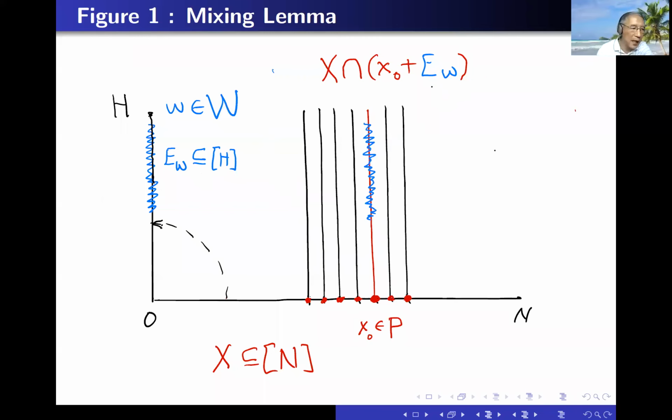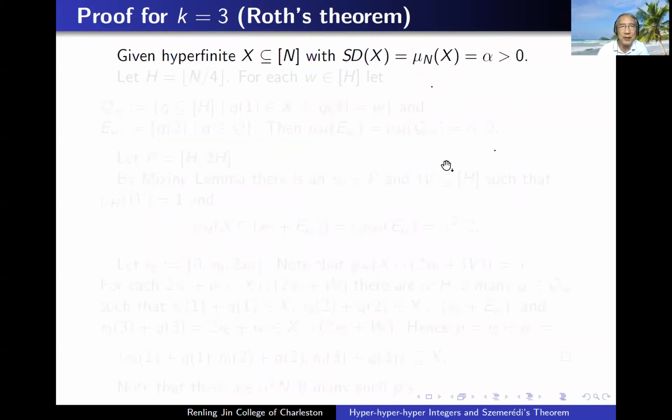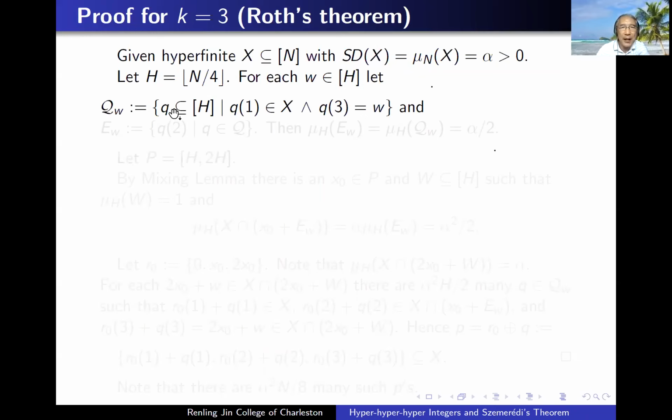Now, using this mixing lemma, we can prove Roth's theorem very easily. Suppose we have a hyperfinite integer N, and we pick H to be one quarter of this N. Then for every W inside this set H, we form a set of 3-term APs so that the first coordinate belongs to X and the third coordinate equals W. So what about the second coordinates?